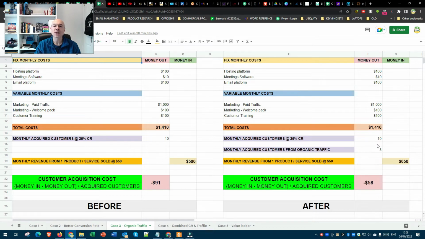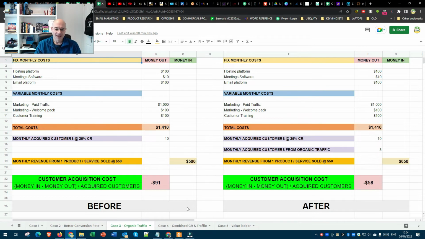So overall we have 13 customers per month that we are capturing. So that brings our costs down, and as we made more sales, we have now a lower negative amount.